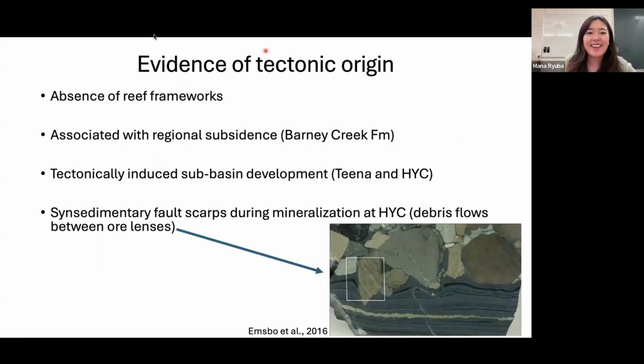We do favor this idea of a tectonic origin for the Teena Dolomite, because the Teena Dolomite doesn't really show any evidence of reef frameworks as far as we can see. Also, if you look beyond the Teena Dolomite, we know that there is a regional subsidence occurring, because you have that transition from a relatively shallow marine environment in the Teena Dolomite to a much deeper marine environment in the Barney Creek Formation. Tectonically induced subbasins have been a prevalent part of the models for the Teena and the HYC.